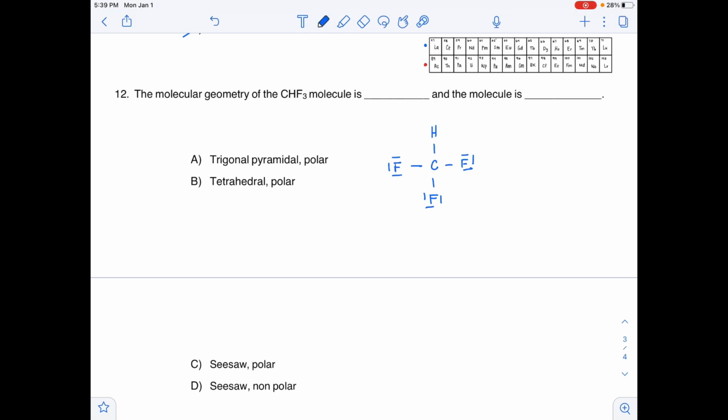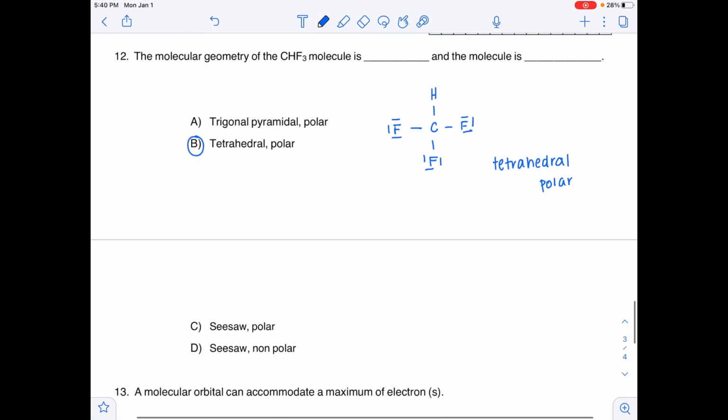And then from looking at this, we have 4 bonds, so that's an indication, and there's no lone pairs, so that tells us that it's going to be tetrahedral. And in determining whether it's polar or nonpolar, if we look at this, we see that there's no lone pairs, so that's an indication that it could be nonpolar. But when we look at this, there are 3 fluorines, and then there's a hydrogen, which is different than the 3 fluorines, which tells us that this is going to be polar. So the correct answer is going to be B.